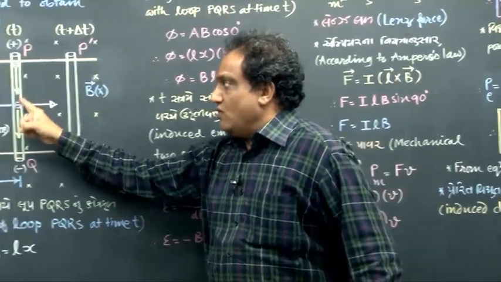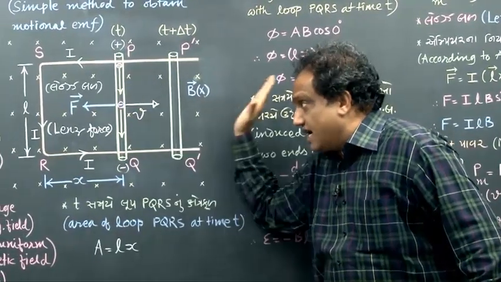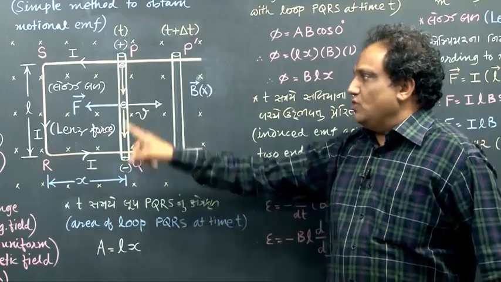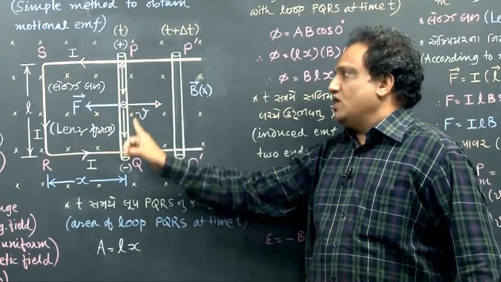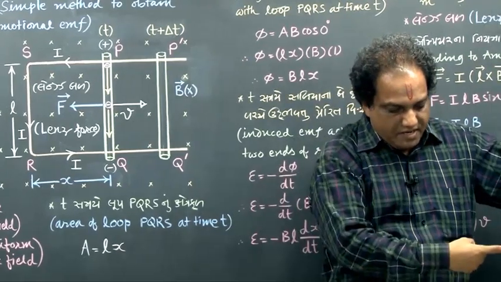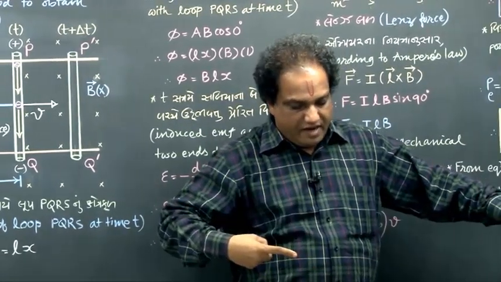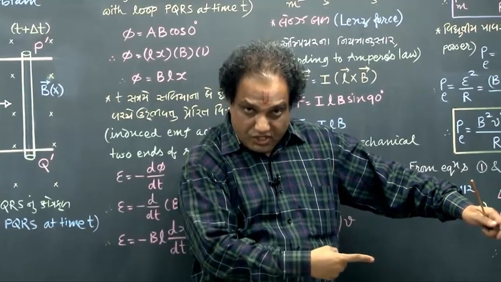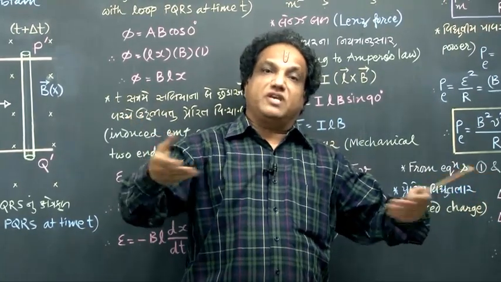So in order to have motion of this rod towards the right hand side with constant velocity, you need to exert force on this rod towards the right hand side. I am exerting force towards the right hand side equal to F, and velocity is also in the same direction. Then what is the power which I need to spend?